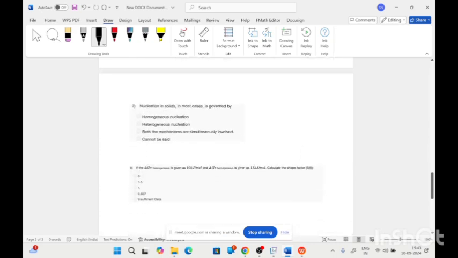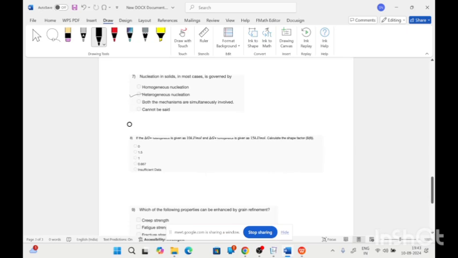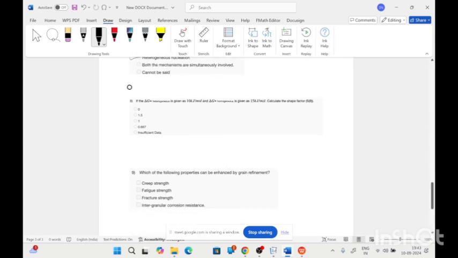In the seventh question, nucleation in solids in most cases is governed by heterogeneous nucleation, because there are always secondary particles and mold surfaces provided for the nucleation. So heterogeneous nucleation always dominates. In the eighth question, delta G star heterogeneous is given as 10 kilojoule per mole and delta G star for homogeneous is given as 15 kilojoule per mole.